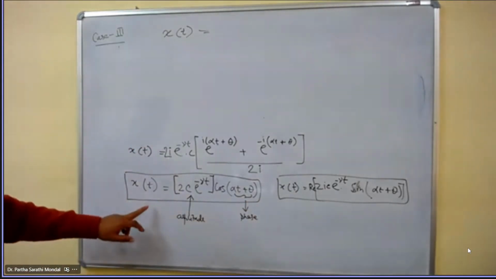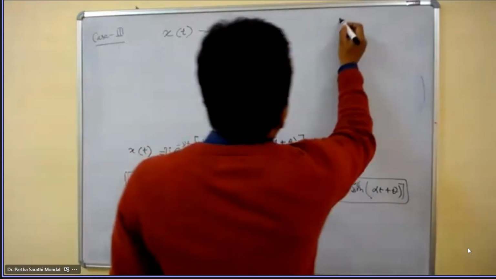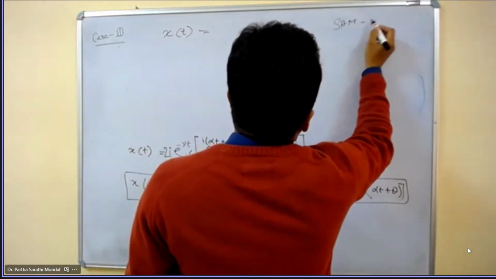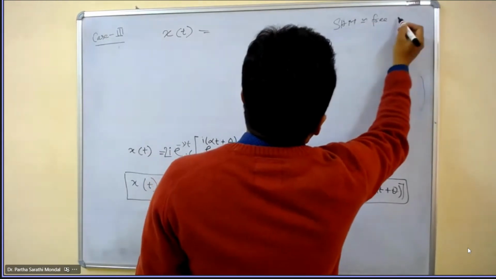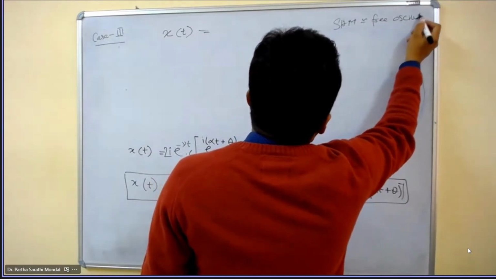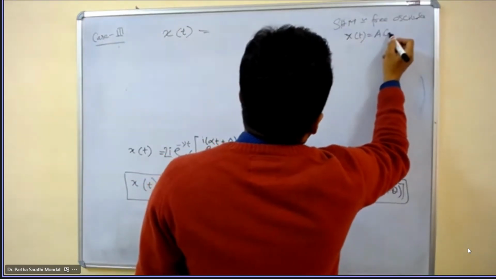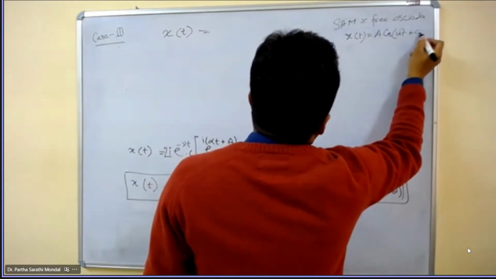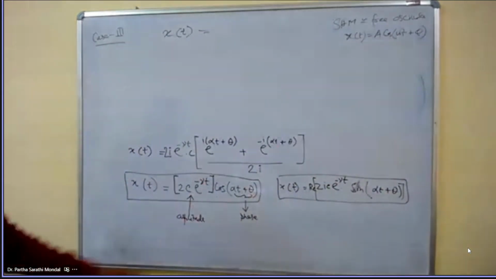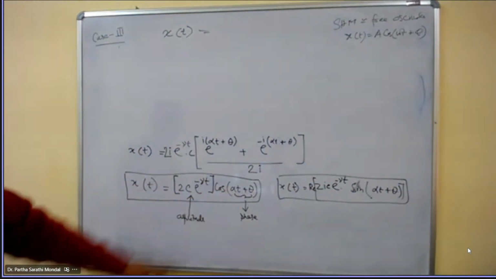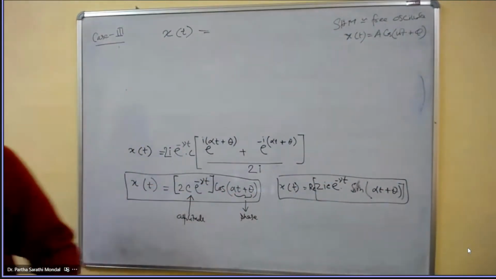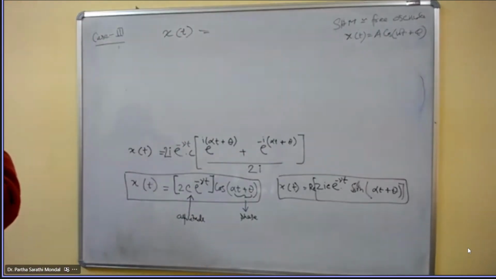Now in simple harmonic motion, that means free oscillation, we know that the solution was something like cos(ωt + φ). Here you have α t plus φ. So what is α? You can put it here without any hesitation.